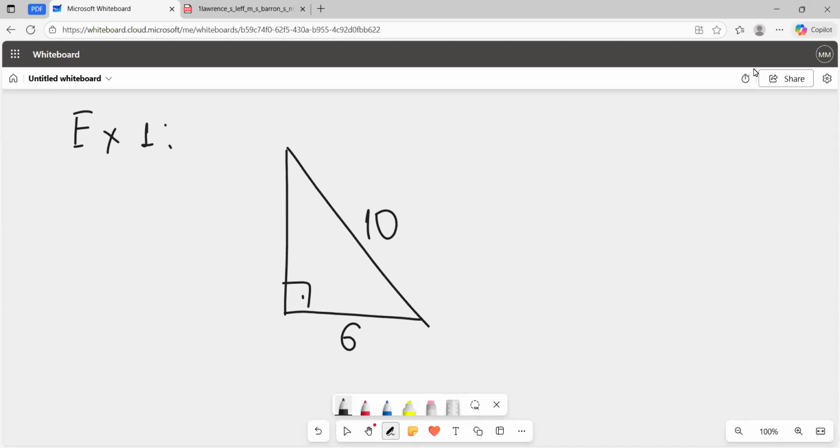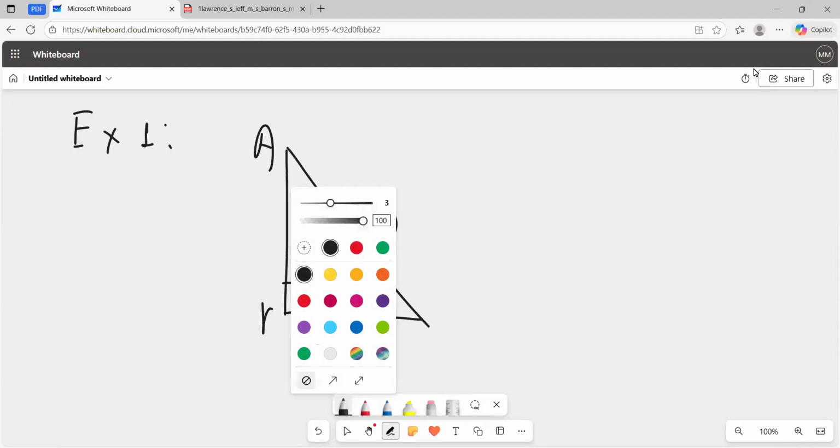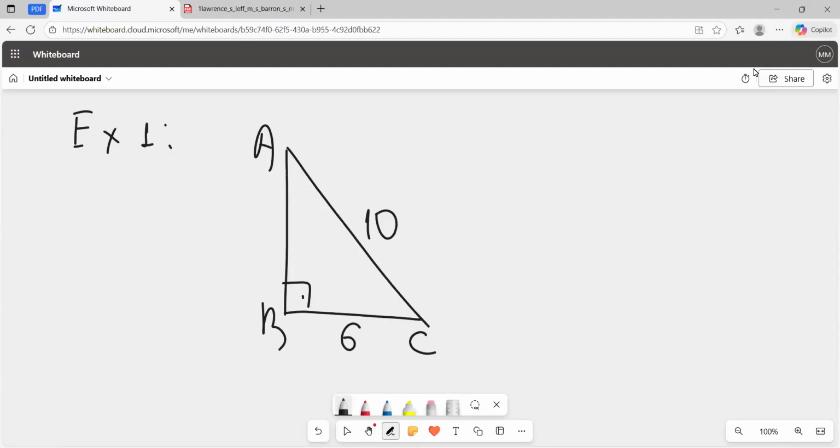and consider that this is A, B, C, and we are asked to find, for example, sine of A times tangent of C is equal to what?